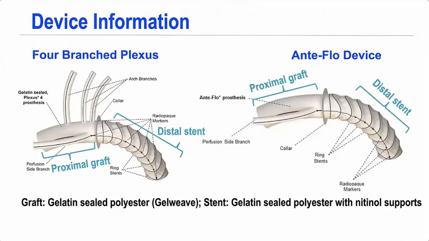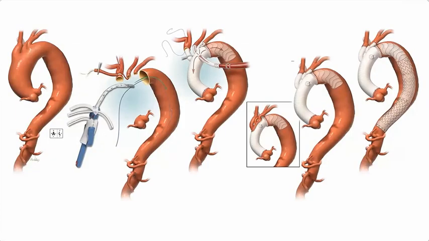So we're going to talk about the ThoraFlex device, which is a single Dacron and endovascular device that comes with 4 branches as the Plexus and only 1 branch for reperfusion in the Anteflo, and it can be 10 centimeters or 15 centimeters in the endovascular distal segment. It's employed under circulatory arrest down into the descending thoracic aorta.